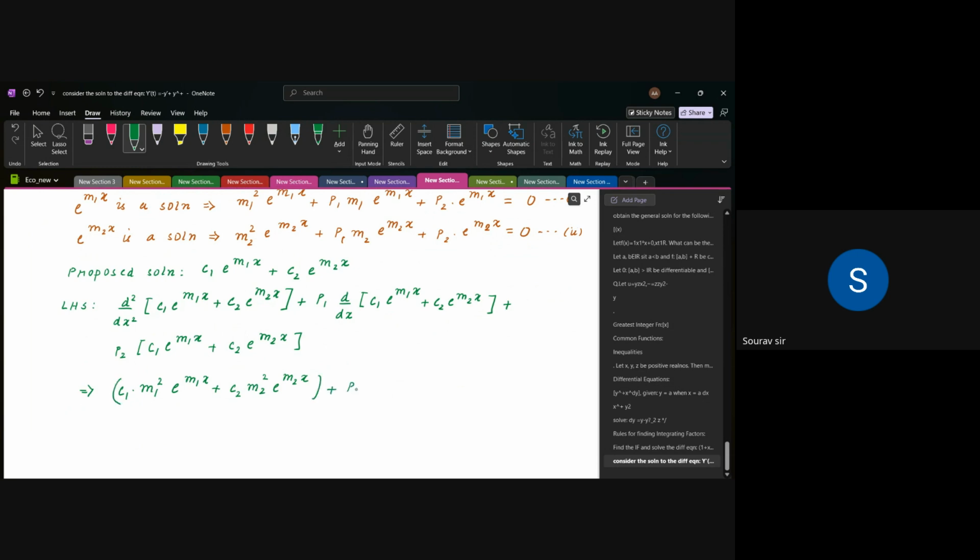Plus P1 times C1 m1 e raised to the power m1x plus C2 m2 e raised to the power m2x, right? Derivative completed. Plus P2 times C1 e raised to the power m1x plus C2 e raised to the power m2x.